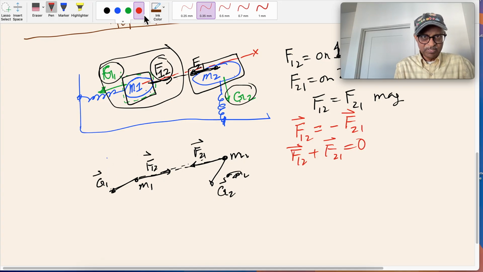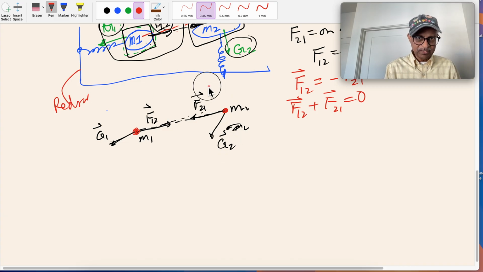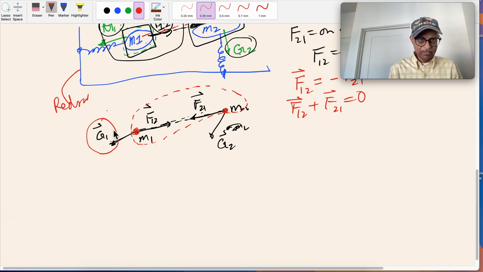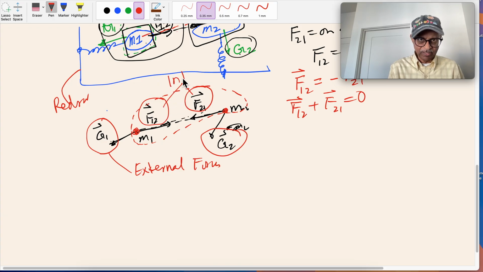Let me just redraw. So we have this system M1 and this system M2. Now if you look at the two systems together, the G forces are examples of external forces, and F12 and F21 are examples of internal forces on the combined system.